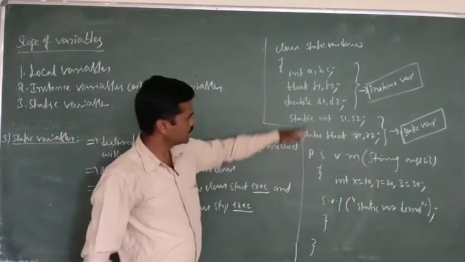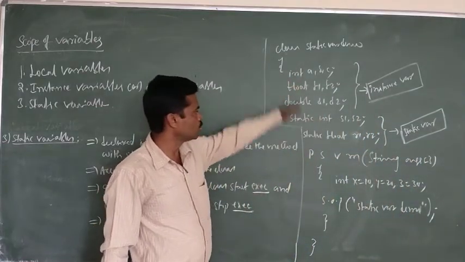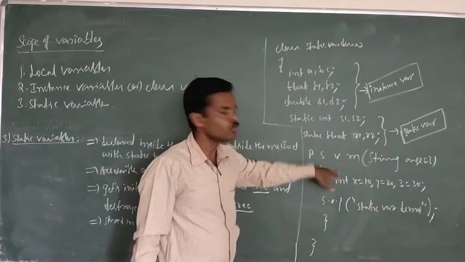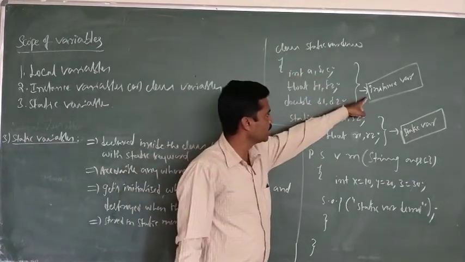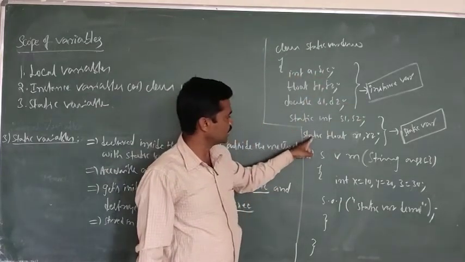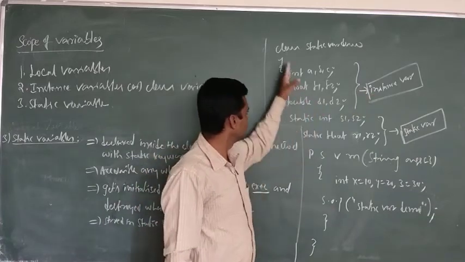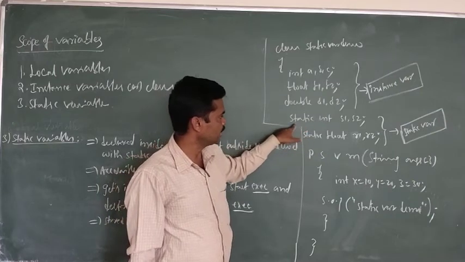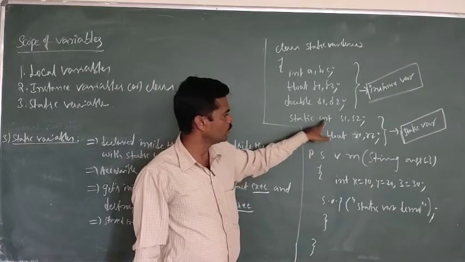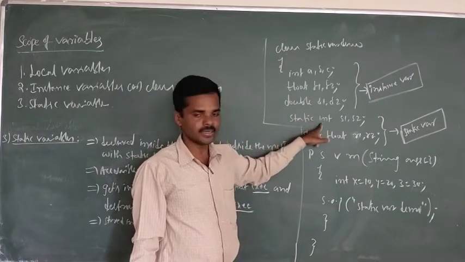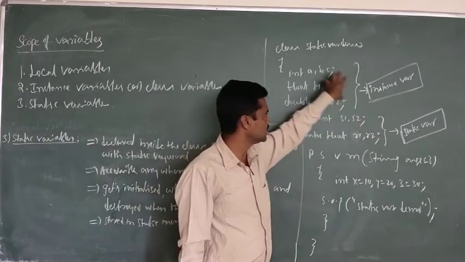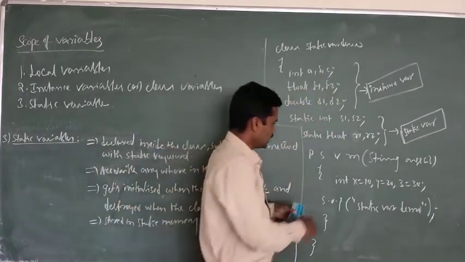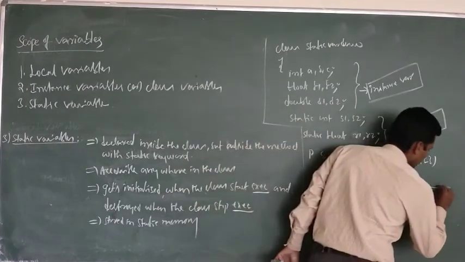Why? Because instance variables and static variables are both declared inside the class outside the method, and static variables are declared with the static keyword and instance variables are declared without the static keyword. That is the main difference. Understood? See here, we are using the static keyword beside the data type, so these are static variables and these are instance variables, and inside, these are what? Local variables.